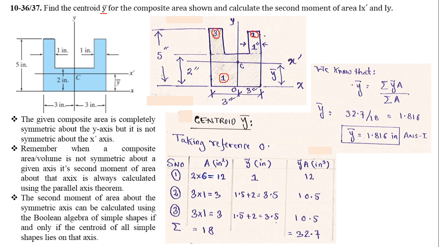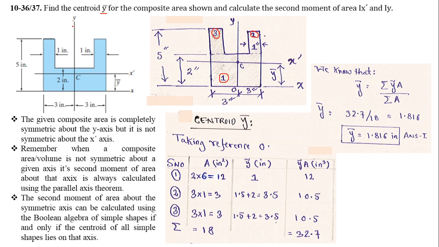And so we know that the centroid can be calculated with the help of this formula, summation y tilde A upon summation A, which is 32.7 upon 18, it is 1.816. So the y coordinate of the centroid of this entire cross section is 1.816 inch.